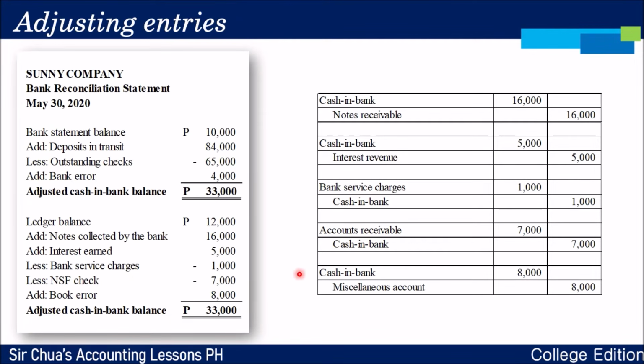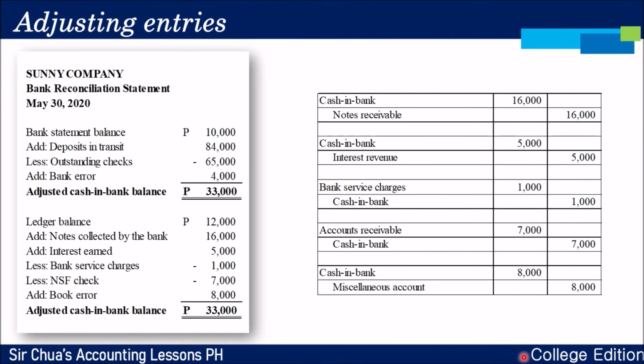So, debit po natin cash and bank 8,000. Credit po natin kung anong account po yung applicable dun sa naging error na yon. So, ang ginamit ko na lang po for the meantime, for presentation purposes, is miscellaneous account. Pero dapat po kung ano po talaga yung related account, depende sa storya ng pangyayari, yun po ang i-credit natin.